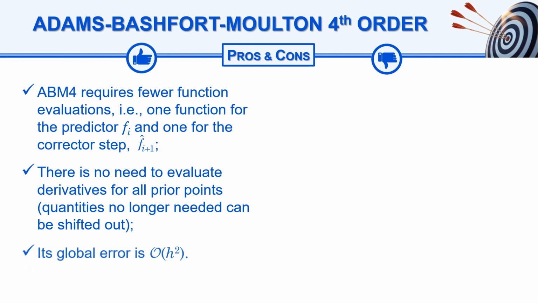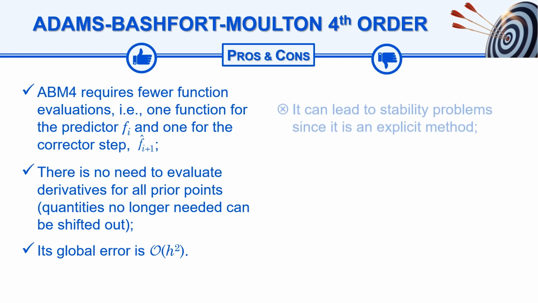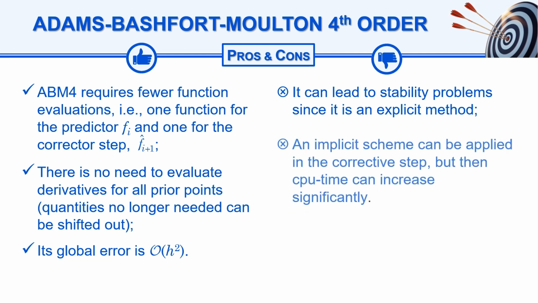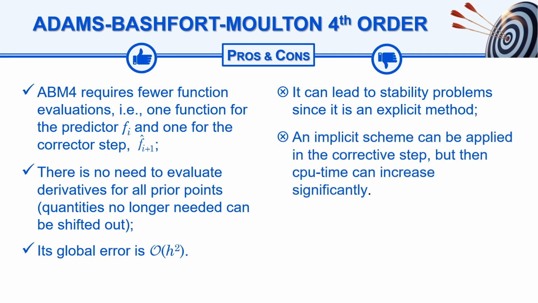Its global error is second order. The disadvantages of the ABM4 method are: it can lead to stability problems since it is an explicit method. An implicit scheme can be applied in the corrective step, but then CPU time can increase significantly.